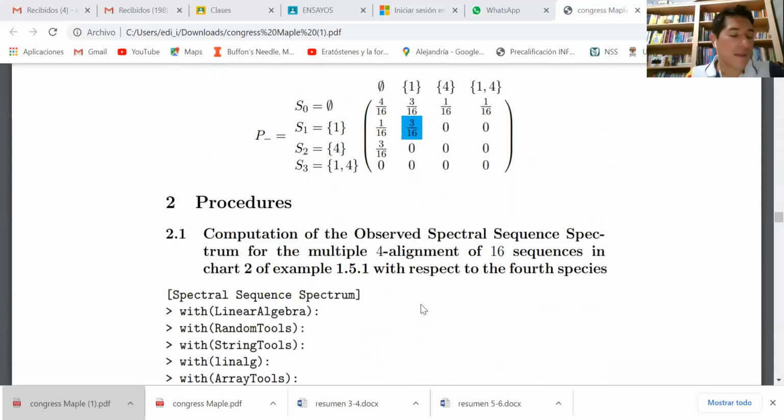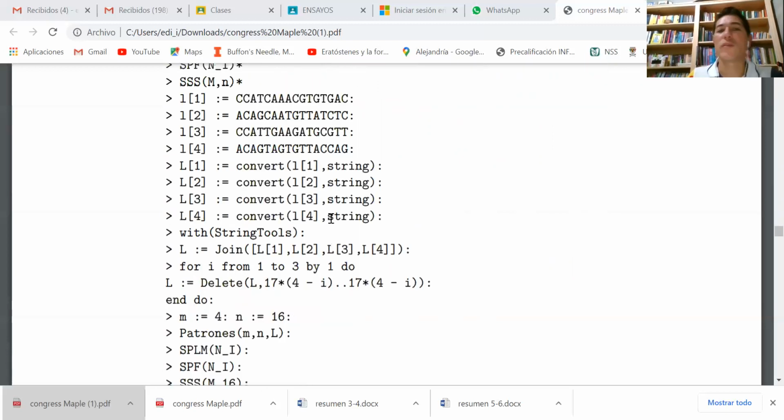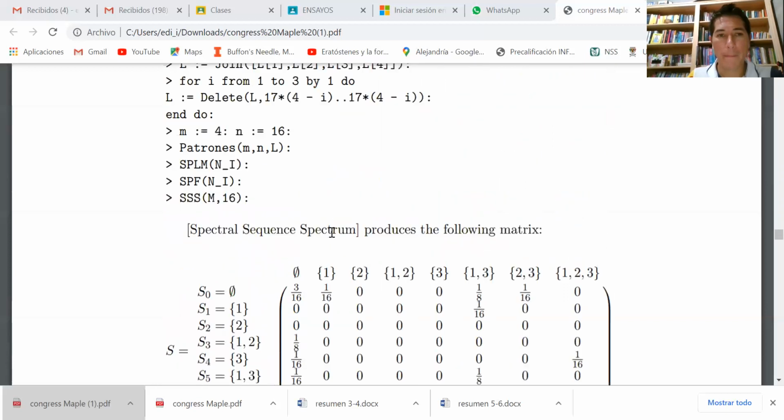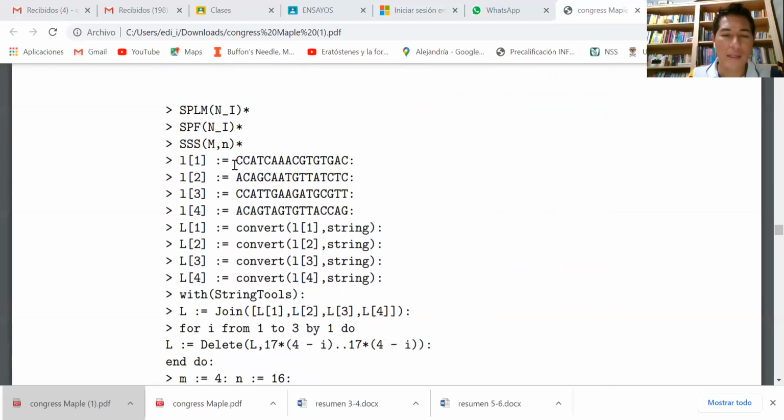I have included some examples in which I show exactly how I have to include different instructions and different procedures that I programmed to obtain matrix P. See how I included the sequences of table 1.